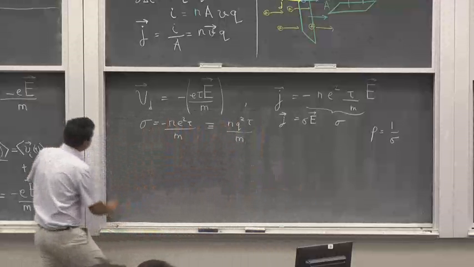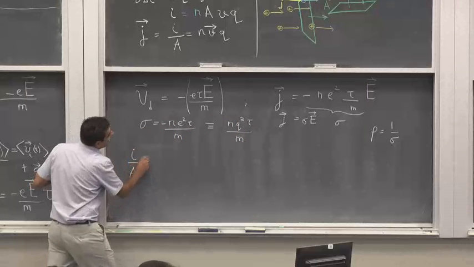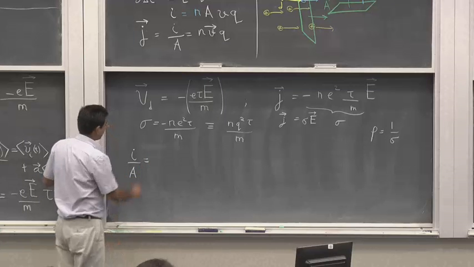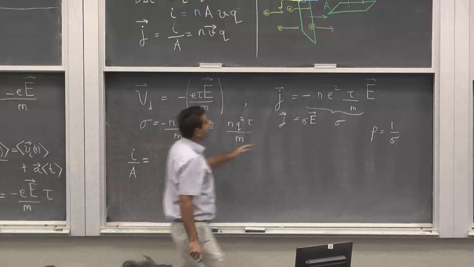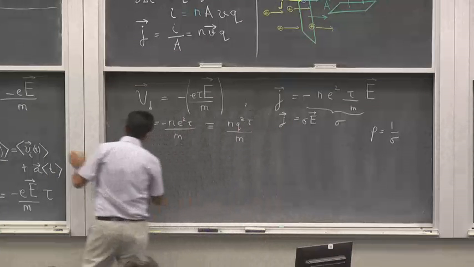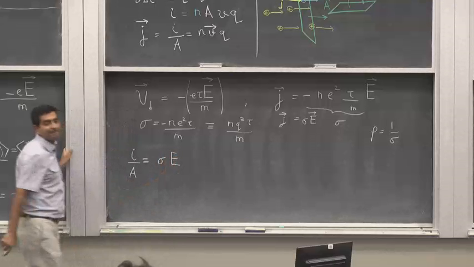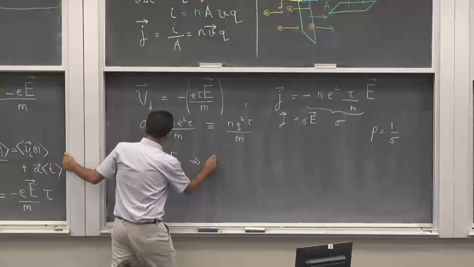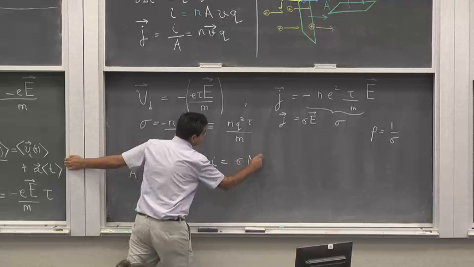This J is really I over A. Now I call this the conductivity, so I over A is sigma E, which means that I is sigma A E.